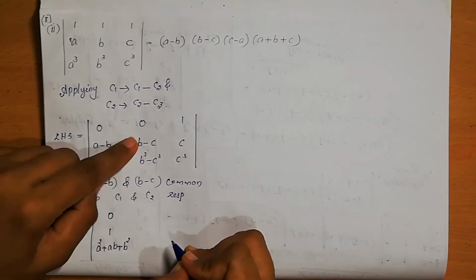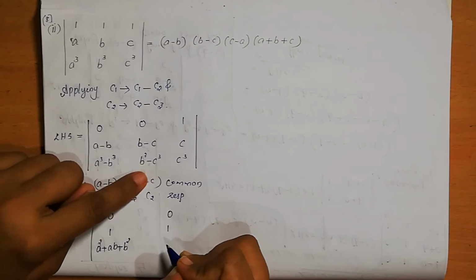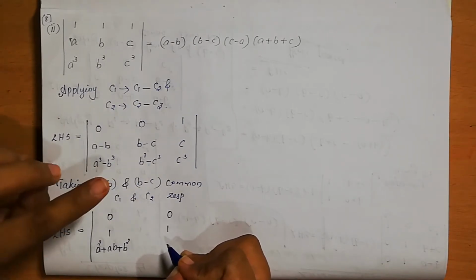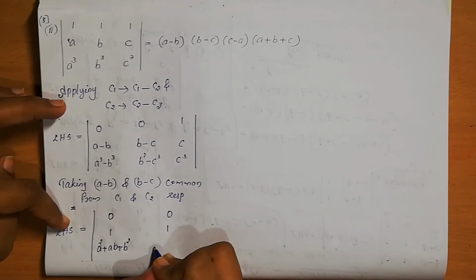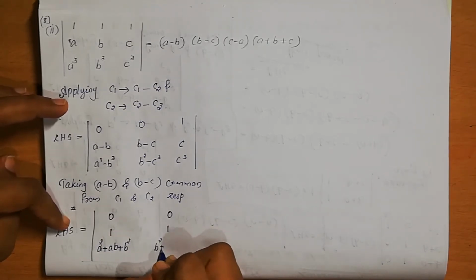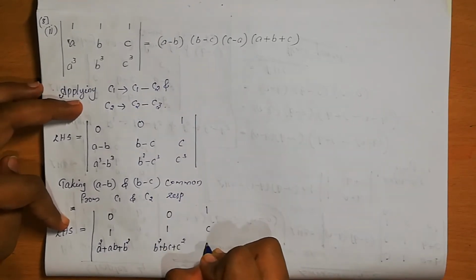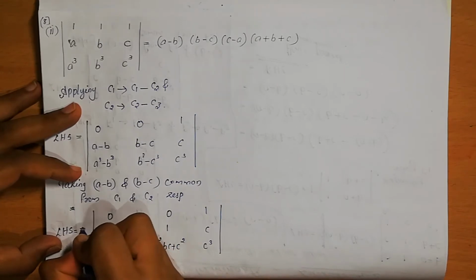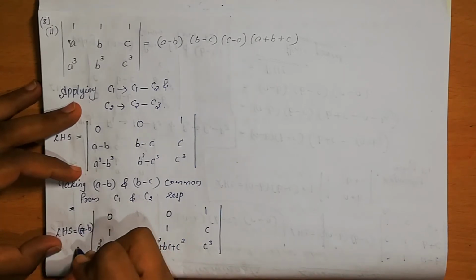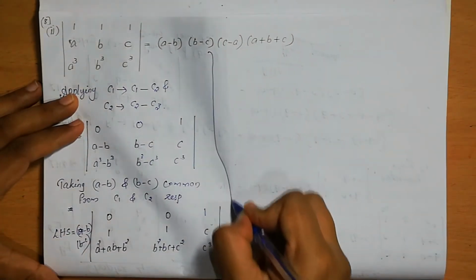Next, in C2 we take b − c common: 0, 1, and from the b cube minus c cube expansion, b − c is common, so the remainder is b square plus bc plus c square. The last column is 1, c, c cube. If you take something common, we need to write it outside, right? So we write a − b into b − c outside.